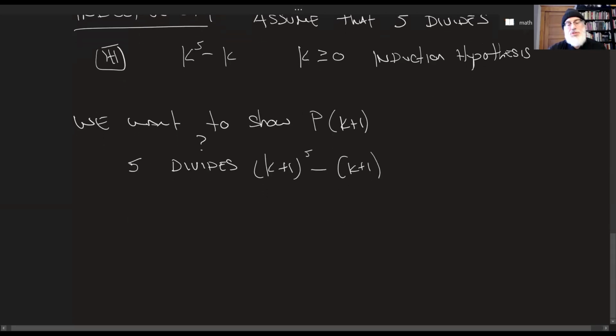With most induction proofs, we're going to look at this algebraically and make an argument for why (k+1)^5 minus (k+1) is divisible by 5. So let's look at this.